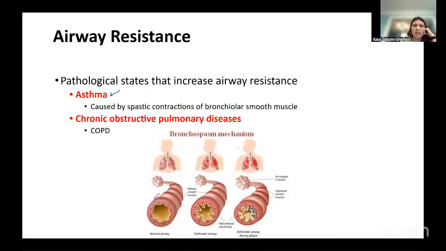Another very common condition, especially as people age, that would increase airway resistance is chronic obstructive pulmonary disease. And this is kind of a broad category, but anything basically that affects these airways and increases their resistance, narrows them, makes it harder to breathe because of this extra resistance would fall under this category of COPD.